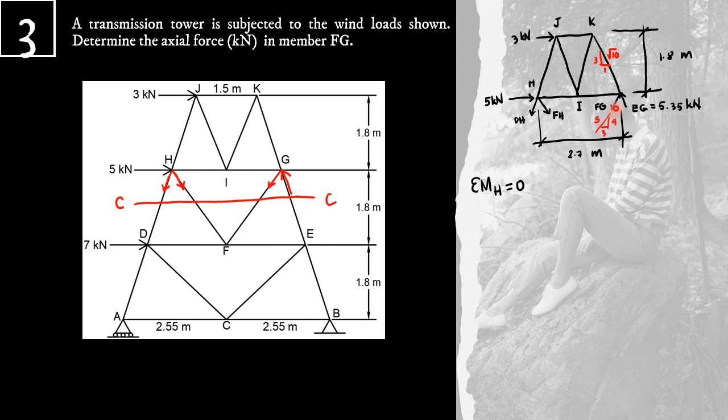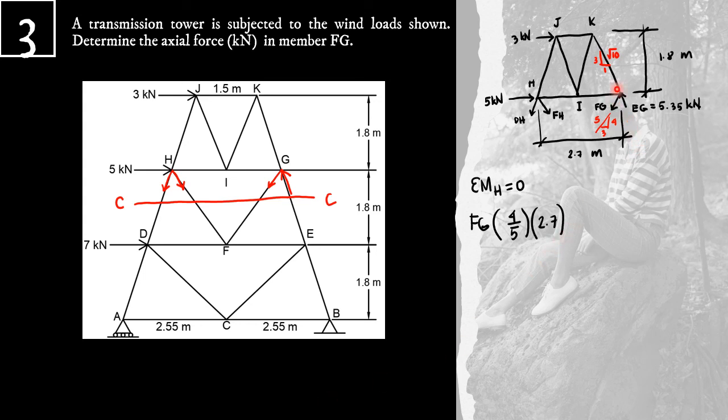So we proceed with force FG. For force FG, its horizontal component passes through point H, so 0 moment. Only its vertical component has a moment about point H. So considering vertical component, FG times 4 over 5, its moment arm about point H is 2.7 meters, and the rotation is clockwise, so positive. Next, we consider force EG.